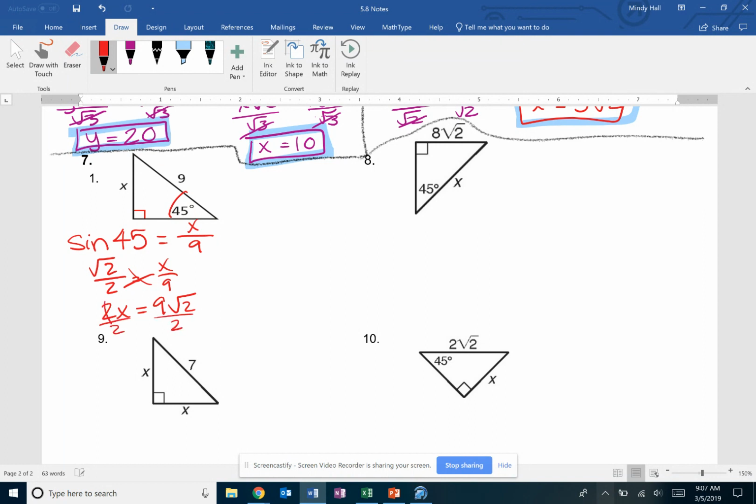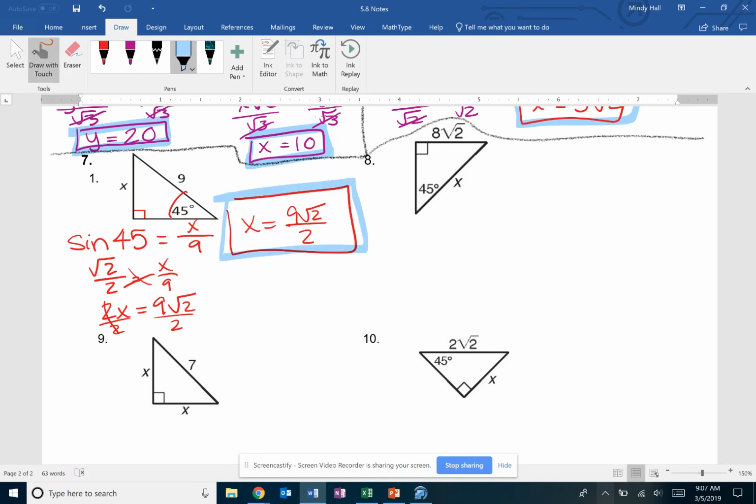So we'll divide by 2, and then we have x equals 9 square root 2 over 2, which can't be simplified, so that is our answer. Okay. For number 8, if I do sine of 45 again, we have opposite 8 square root 2 over x.